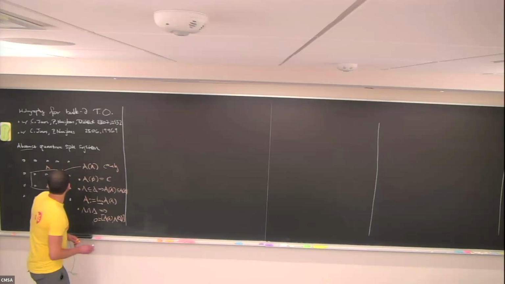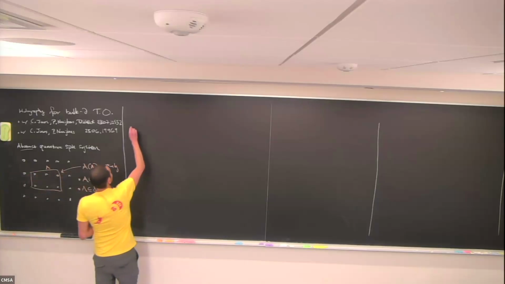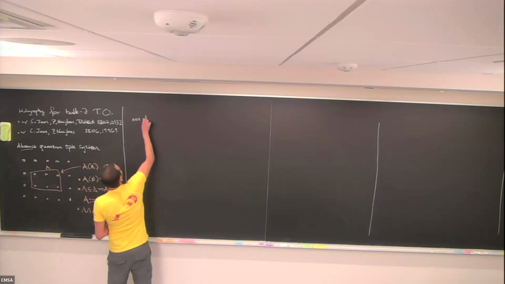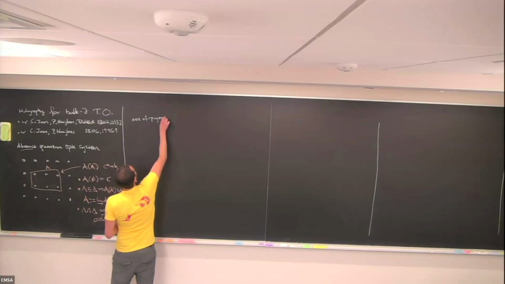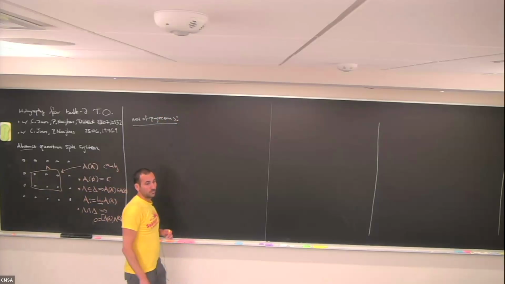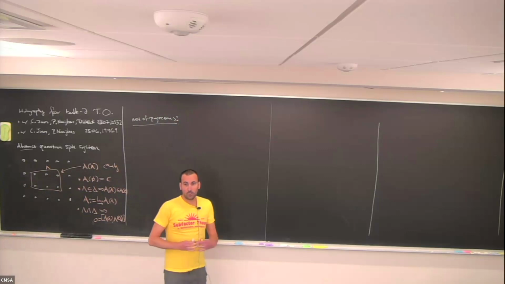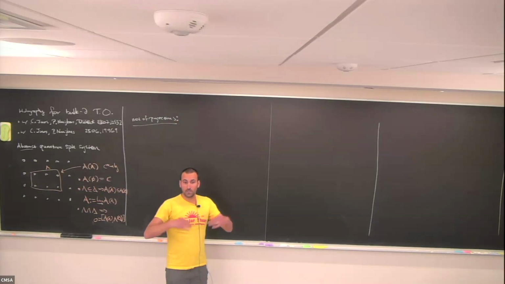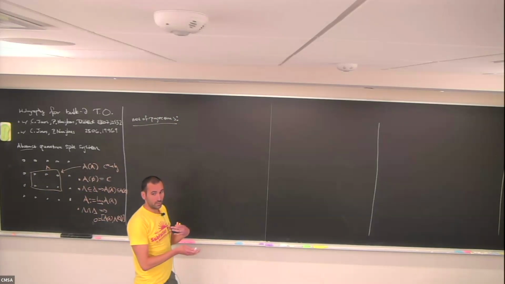So the next idea is that of a net of projections. And this makes connections with Emil's talk. His net of projections increased. Ours is going to decrease, so it's just taking a 1 minus. He was talking about open projections, we're talking about closed projections.